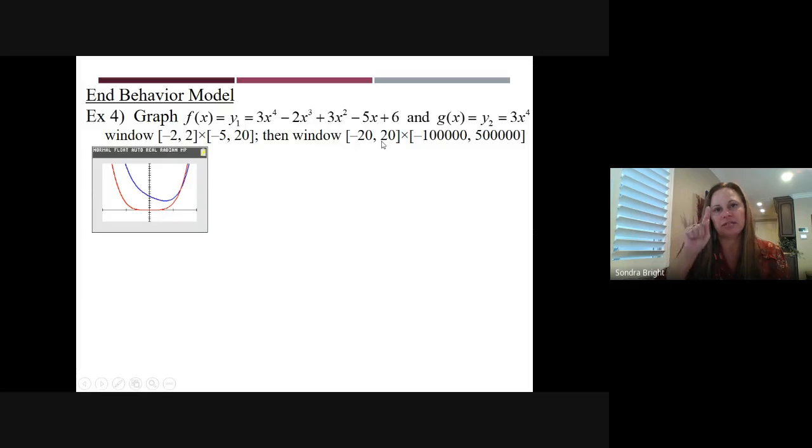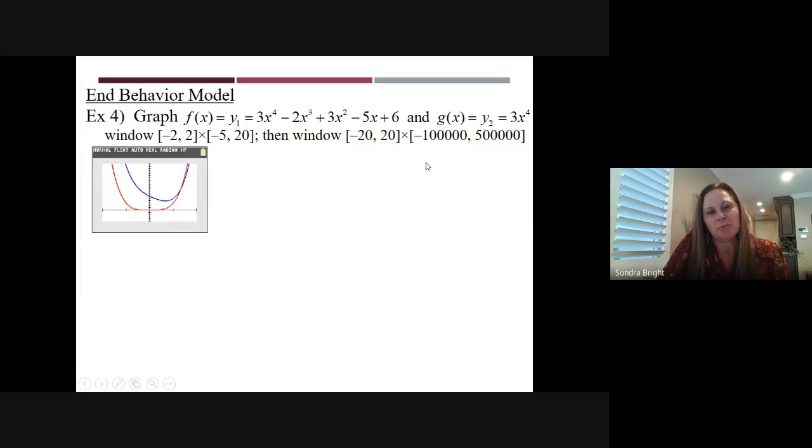The x scale just tells you how often a tick mark should show up. And then y min, put -100,000, and y max 500,000. I would definitely change the y scale there, or maybe it just makes the y-axis super dark. I'd probably do it every 10,000, or even 100,000.